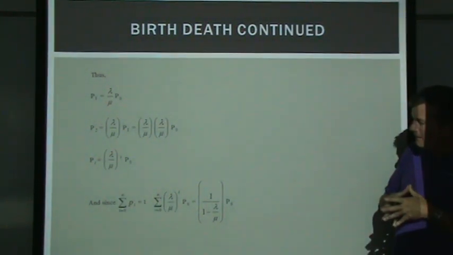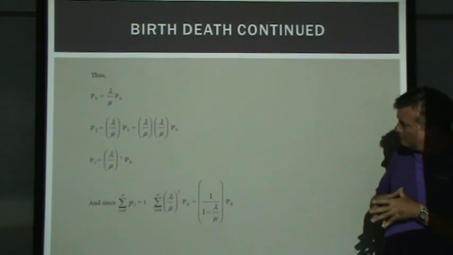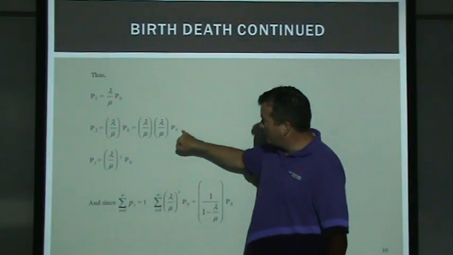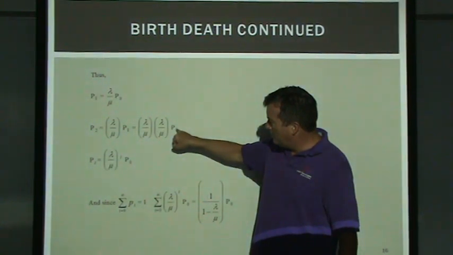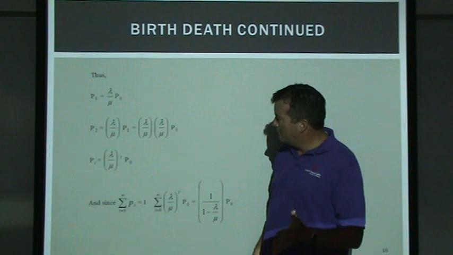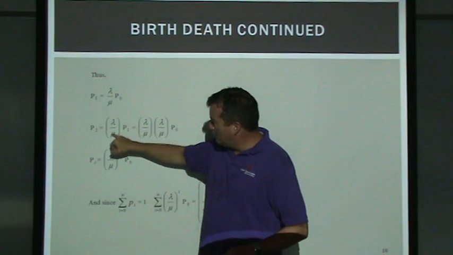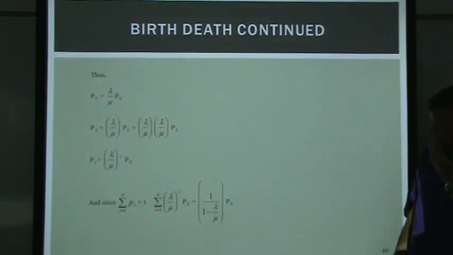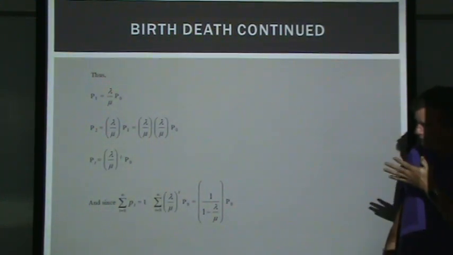So maybe a concrete example might help here. Let's say the probability of being in state 0 is 50% of the time, and lambda over mu is 1 divided by 2.